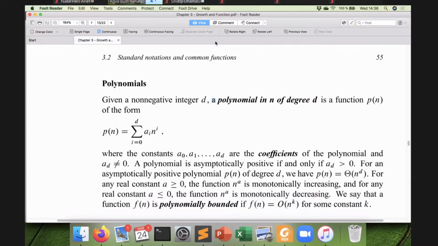Can I write here? As you remember previously, n square plus n plus minus 2k. So I start from 0. Actually, this one is n but to the power 0.